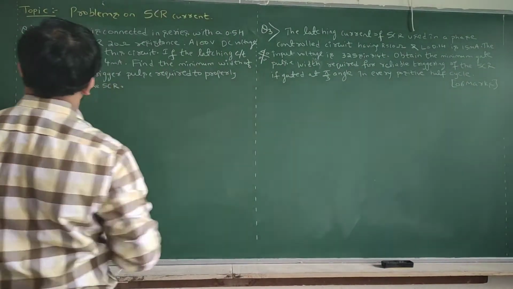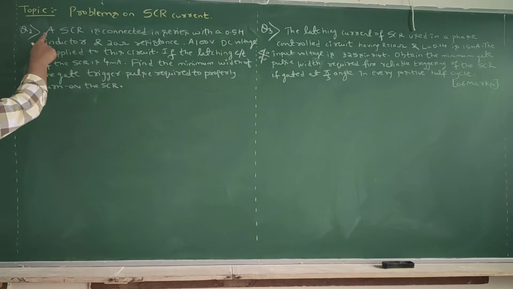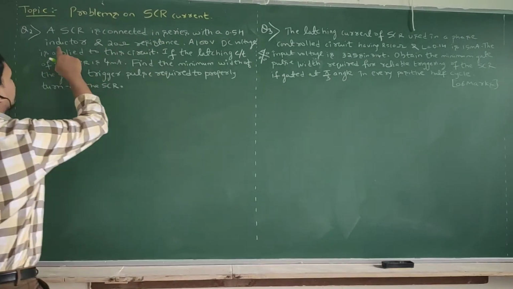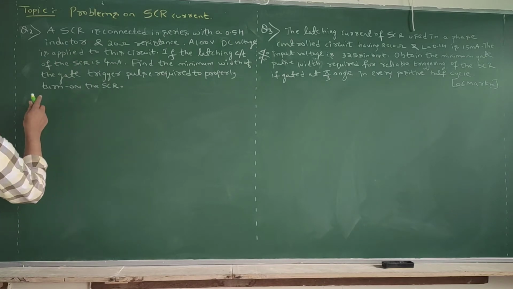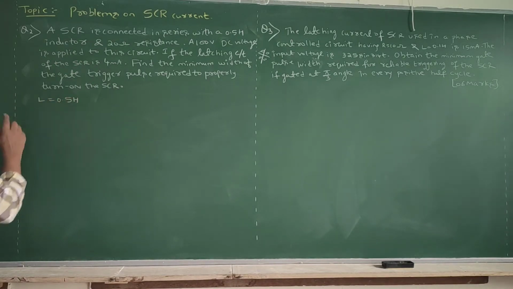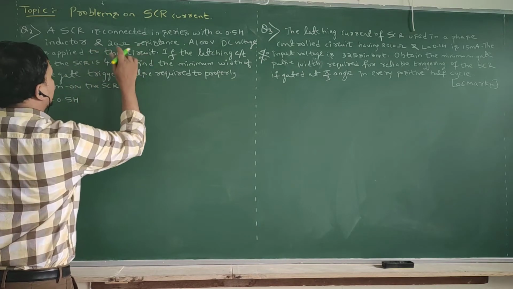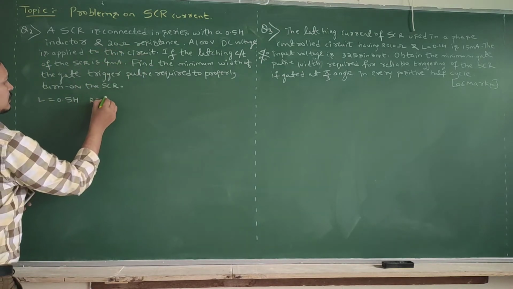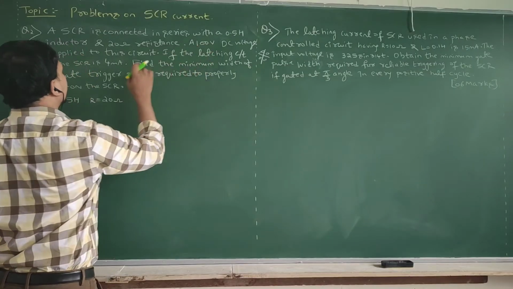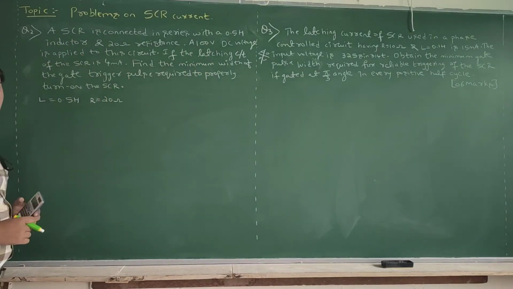Guys, the next problem: an SCR is connected in series with a 0.5 Henry inductor and a 20 ohm resistance. So the L value is 0.5 Henry and the R value is 20 ohms. A 100 volt DC voltage is applied to the circuit.